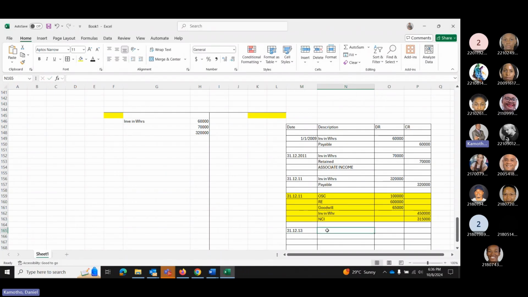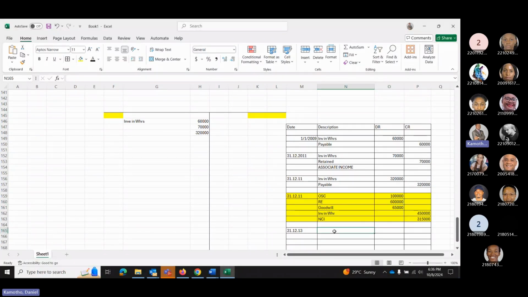So at 31st of December 2013, there is profit that was made. Remember, when we are doing consolidation, we eliminate the 600,000, which was the retained earning of the subsidiary at the date of acquisition. In the subsequent period, retained earning must be moved either to NCI or to the group, and that's what we are doing.